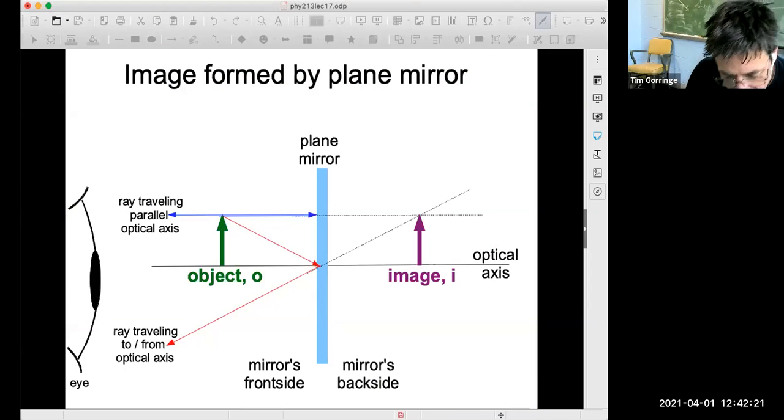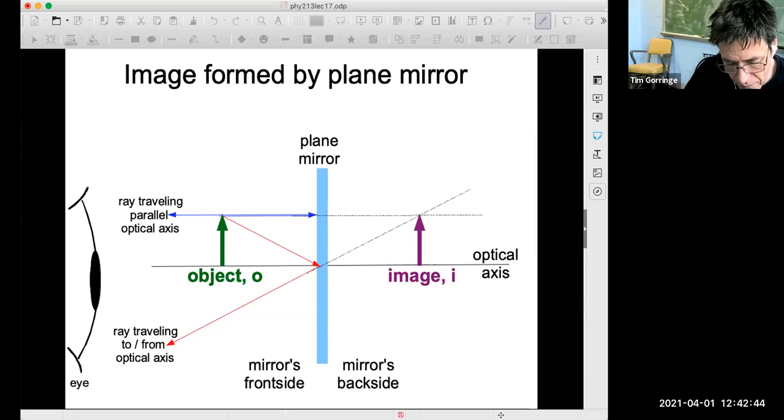Okay, so let's first sketch the image that's formed by a plane mirror. And this is called ray tracing. So this is our first example for plane mirror of ray tracing.